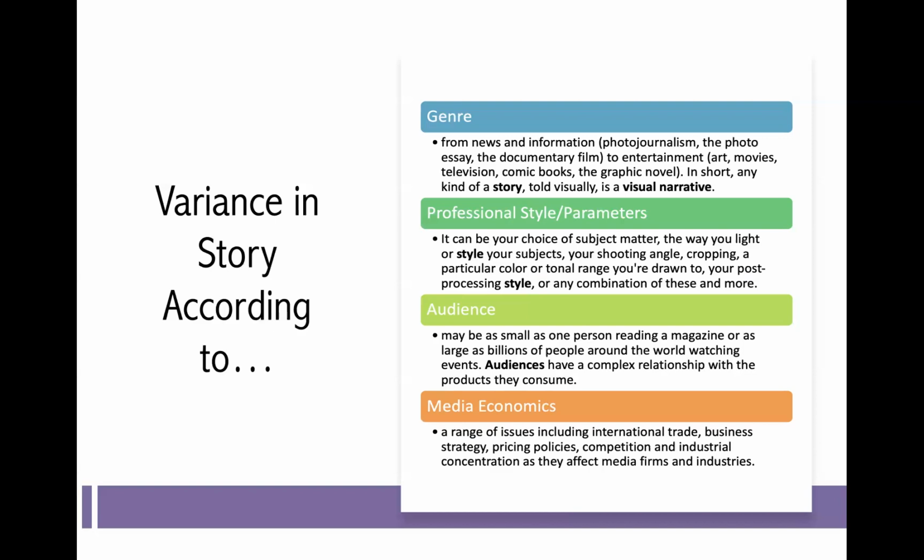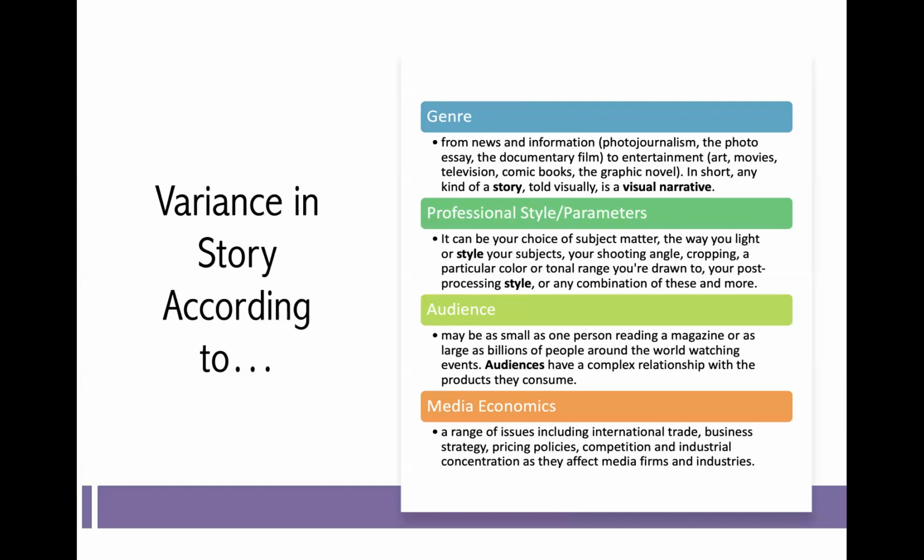And so when you come up with not only a story idea, but the way that you present it, your audience plays a big part in that. And we see that a lot, not only with news and entertainment, but we see it in social media a lot, right? So when you think about TikTok or Instagram and the way that influencers or brands use visuals to connect with their audience, there's lots of thought that goes into that.